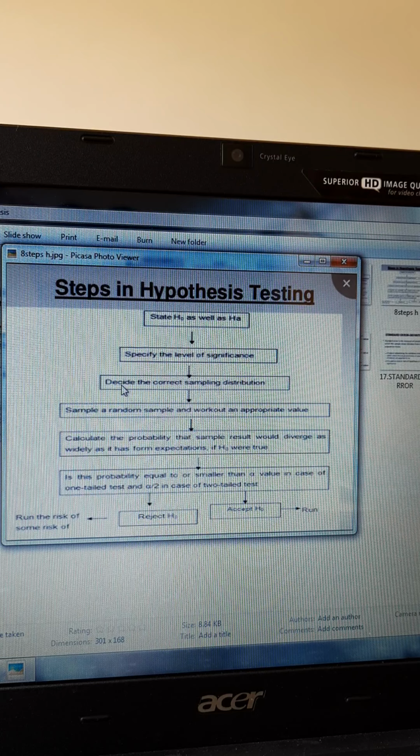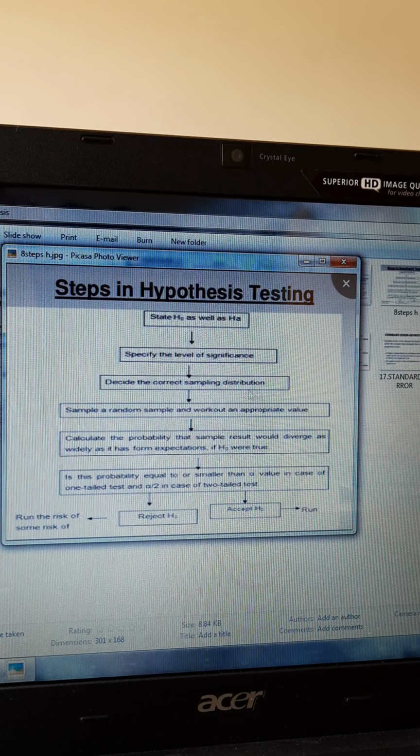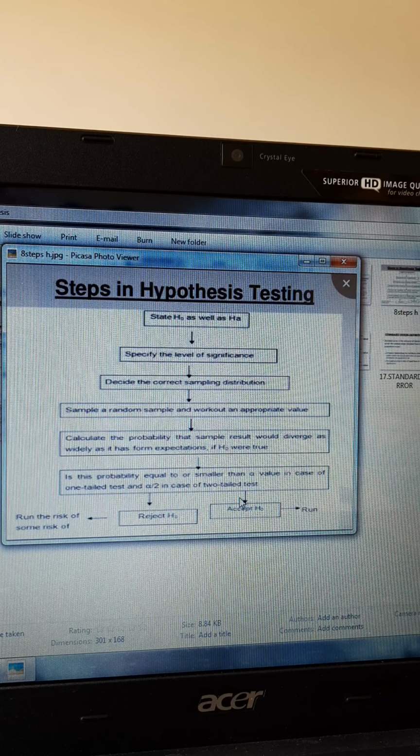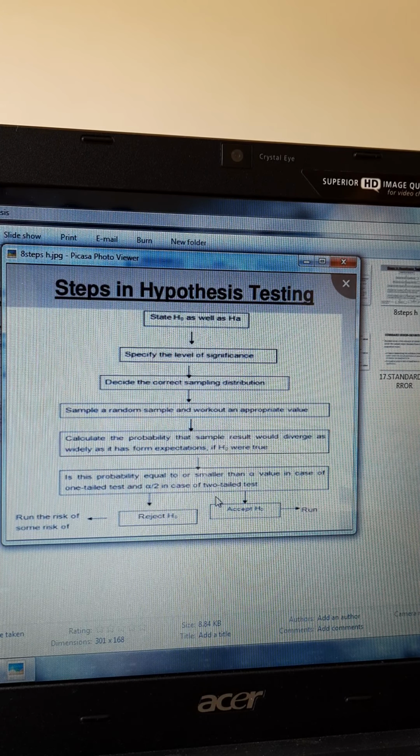Okay. Next is decide the sample distribution. As we had mentioned, there are many distributions, whether it's a normal distribution or the other distributions that we had seen. So again, what is the relationship between your distribution pattern and your data set?